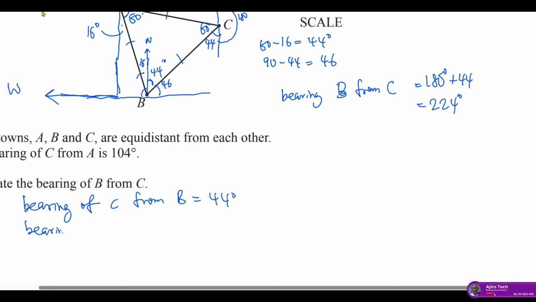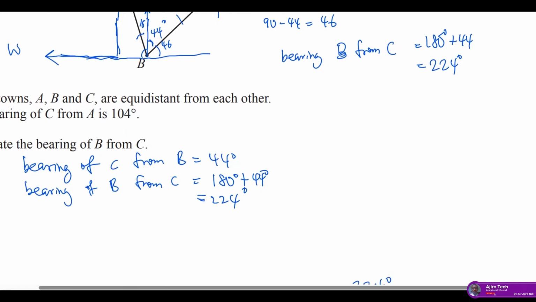Then the bearing of B from C, the reverse, is 180 degrees plus 44 degrees, which is 224. So I can use that to get the reverse bearing. If the angle is bigger than 180, then I'll subtract. If this one is, let's say, 240, then 240 minus 180, I get 60, for instance.